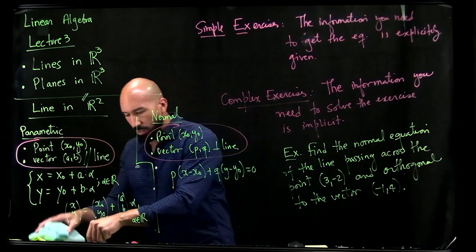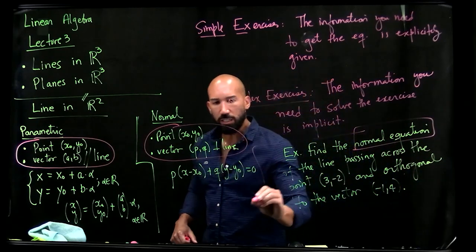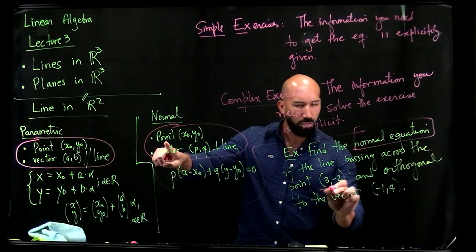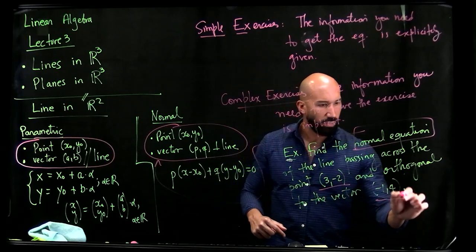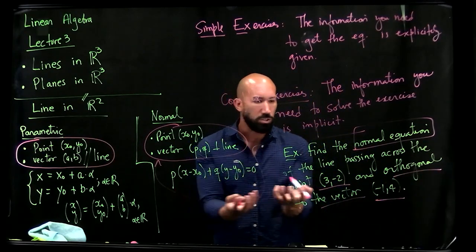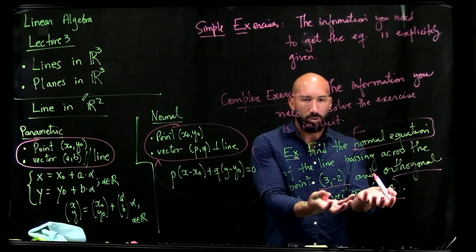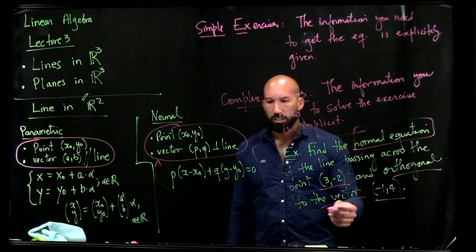So you say, to solve this problem, normal equation. What do I need to get a normal equation? A point, which I have it here, and a vector that is orthogonal to the line, which I have it here, the orthogonal vector. Okay? So what you need to get this equation is exactly what I'm providing you with. Is that okay? So this is pretty easy.